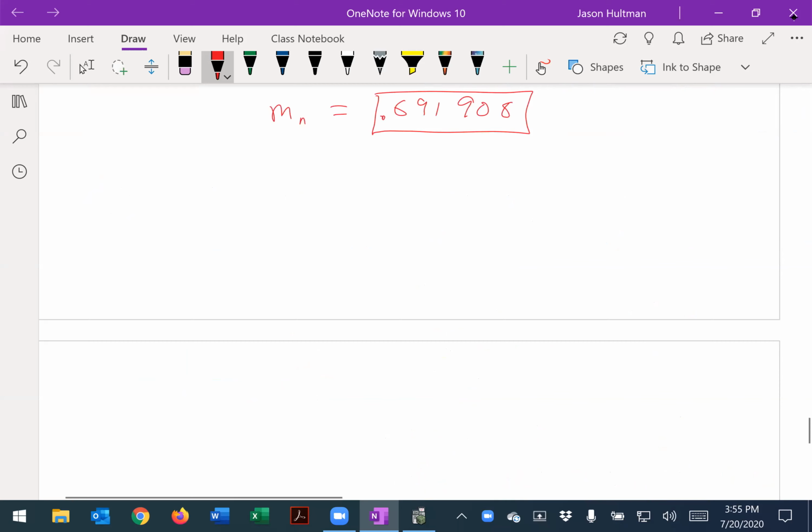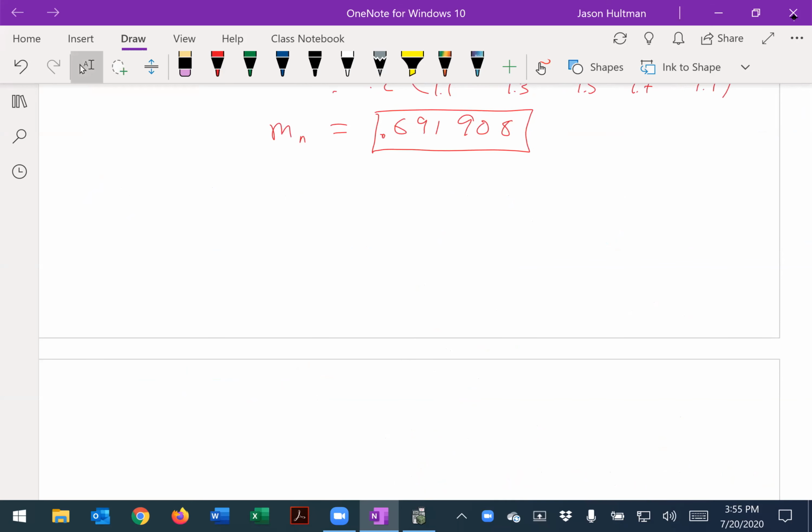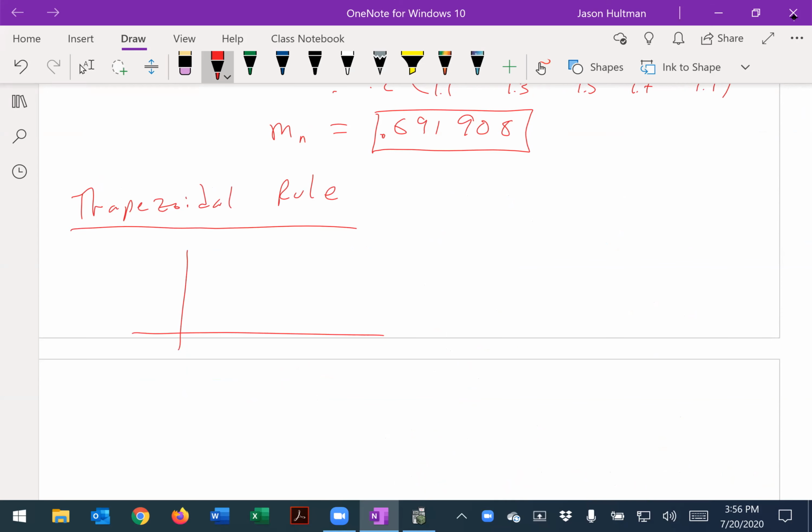Okay, so let's look at the next rule, which is the trapezoidal rule. Going back to this guy here, we want to do 4 divisions on him.